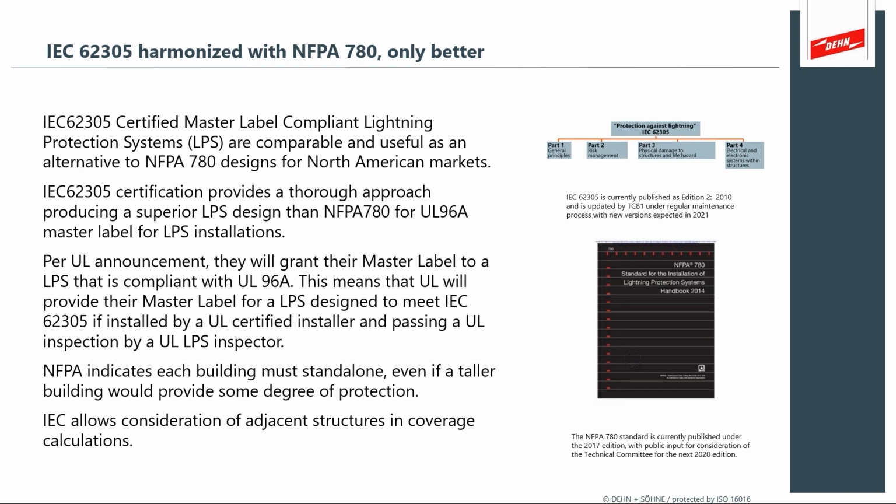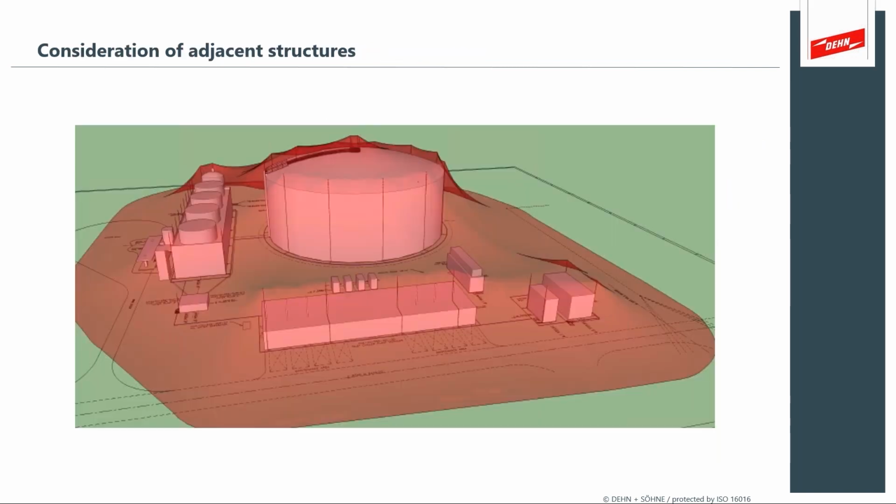The NFPA indicates that each building must stand alone, whereas IEC also allows consideration of adjacent structures if that's part of the surroundings. What that really means is that if you've got a structure that's really tall next to you, you can benefit from the lightning protection offered by that taller structure.